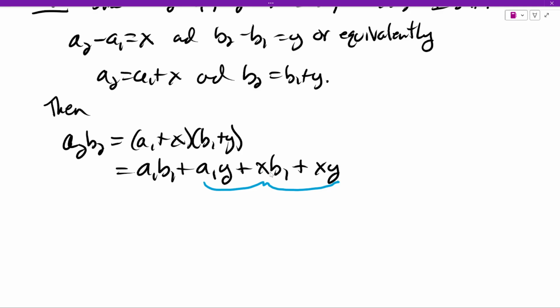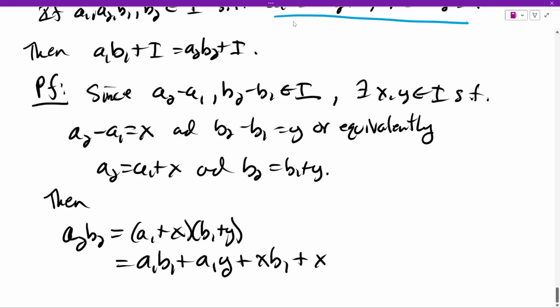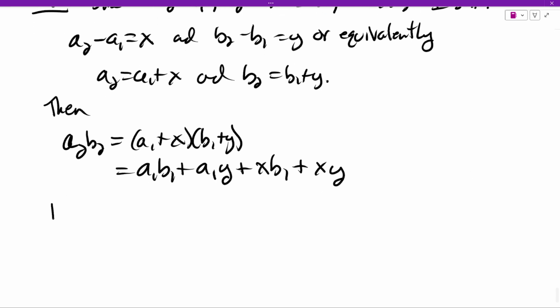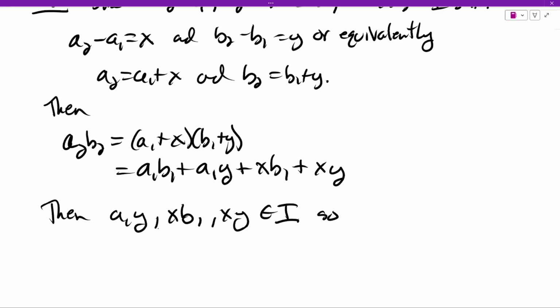So a1 y, x b1, and x y are all in our ideal because x and y are, and I absorbs multiplication by ring elements. And since our ideal is closed under addition, that sum a1 y plus x b1 plus x y is in I.